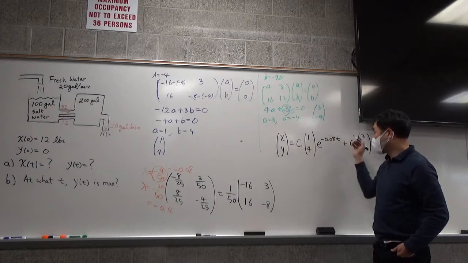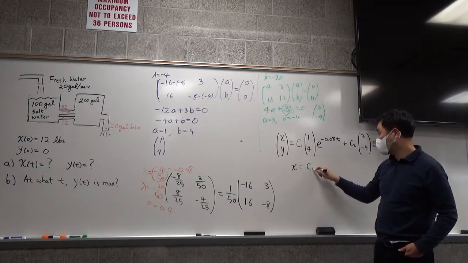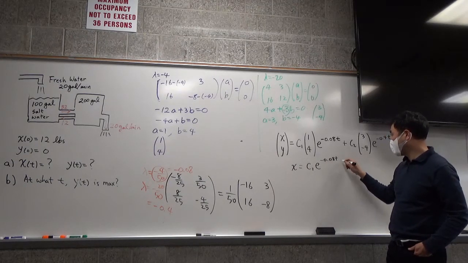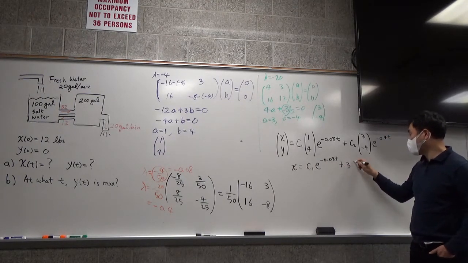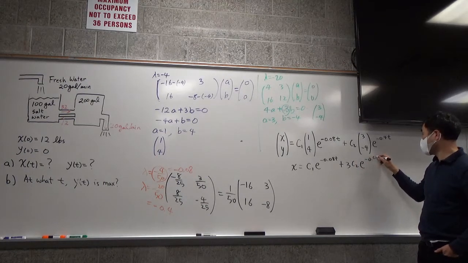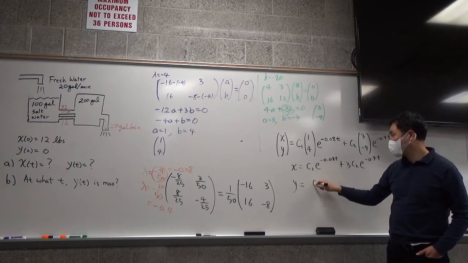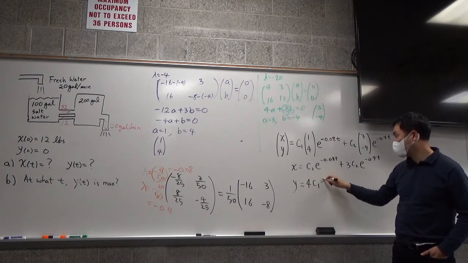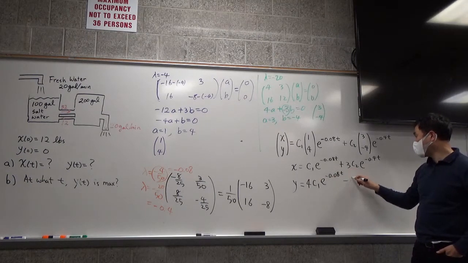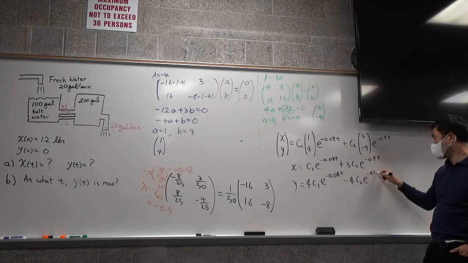Now let's read off the top and see what they mean. x equals c1 times e to the negative 0.08t plus 3c2 times e to the negative 0.4t. And y equals 4c1 times e to the negative 0.08t minus 4c2 times e to the negative 0.4t.